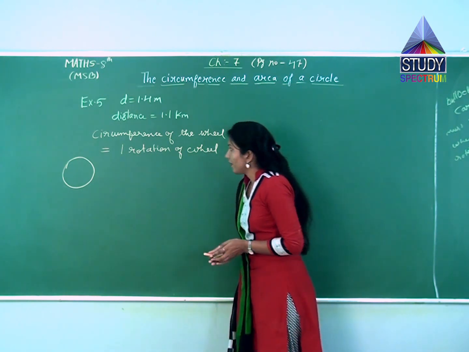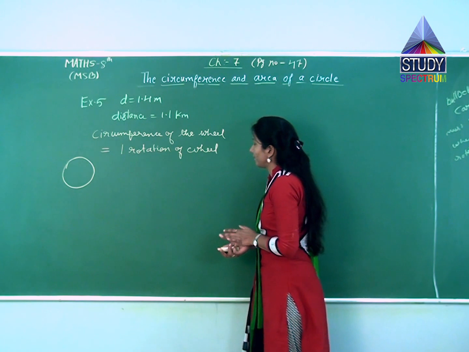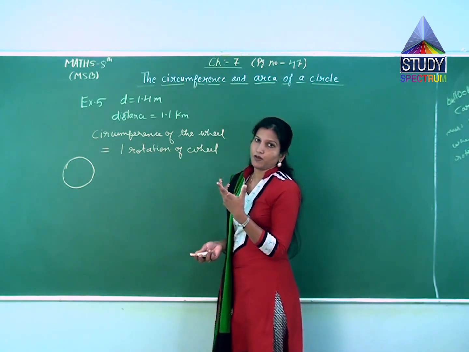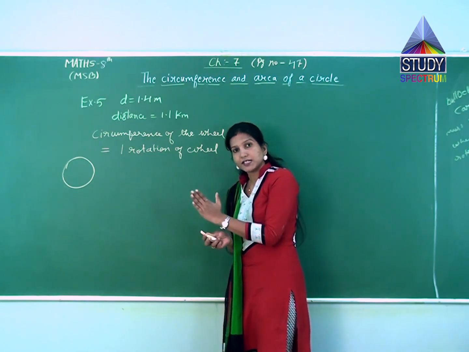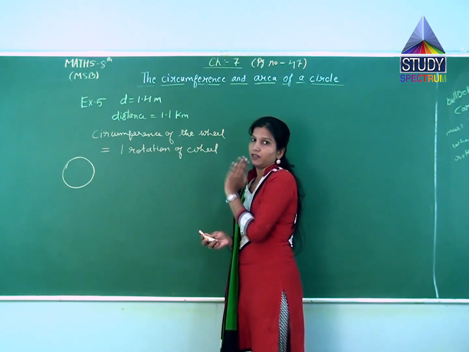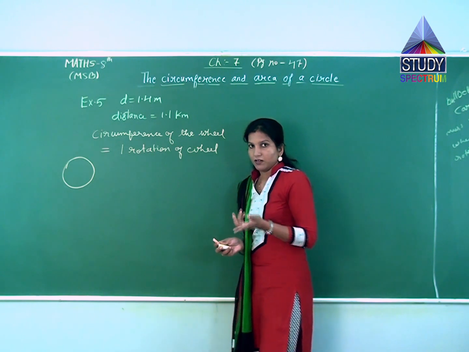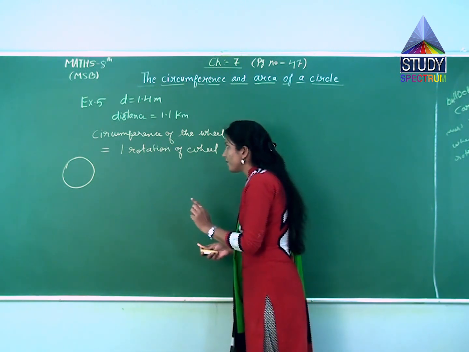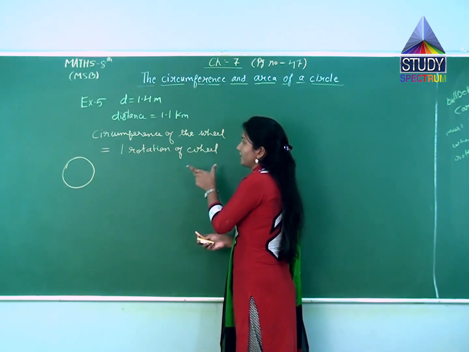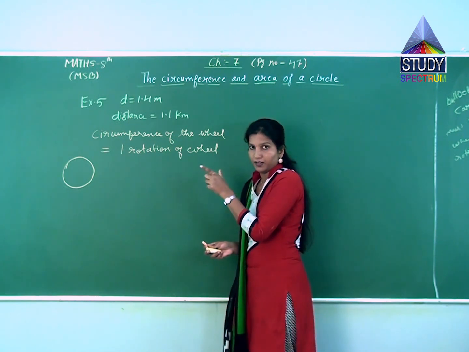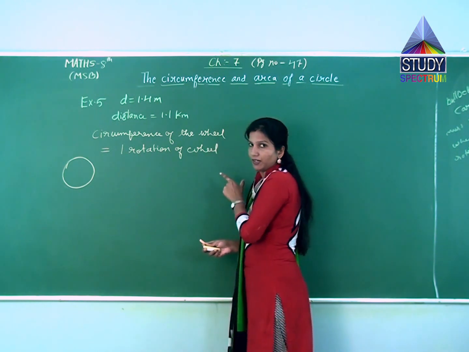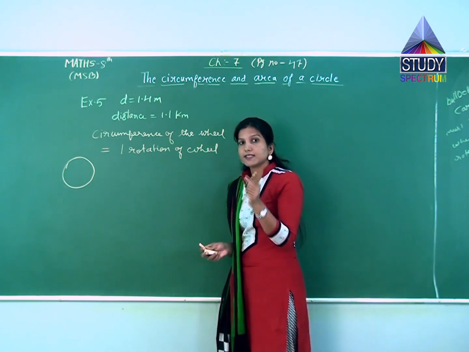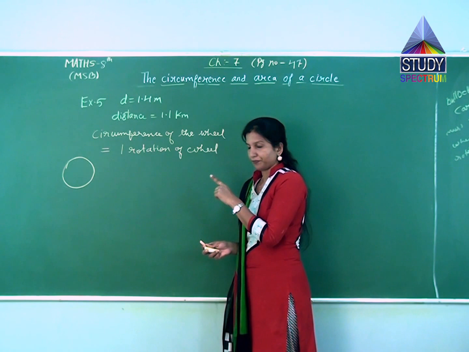Now, if we multiply the circumference of the wheel by the total number of rotations, then what will we get? We will get the distance covered by that wheel. Let me revise again. If we multiply the number of rotations which the wheel made by the circumference of the wheel, then we get the distance covered by that wheel.